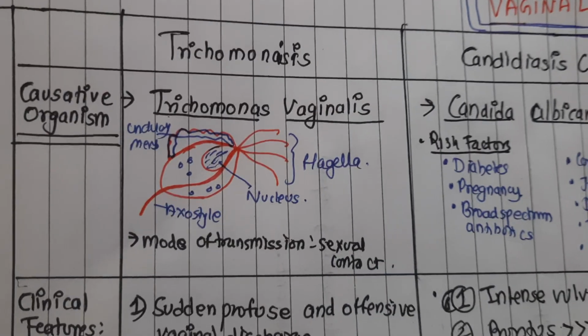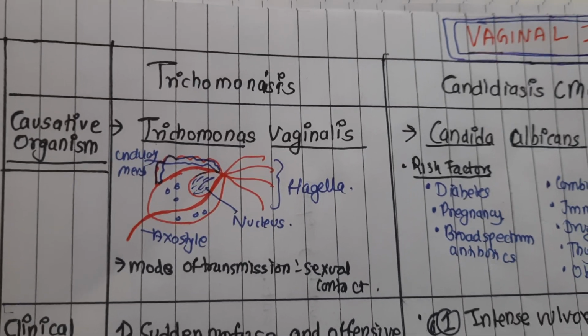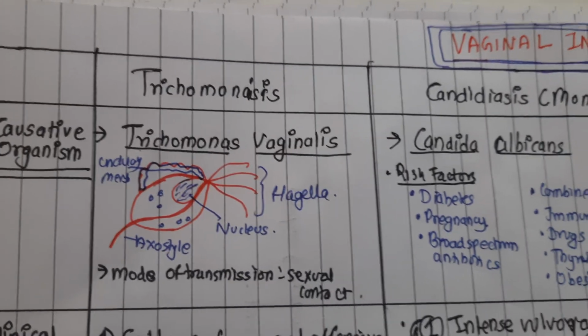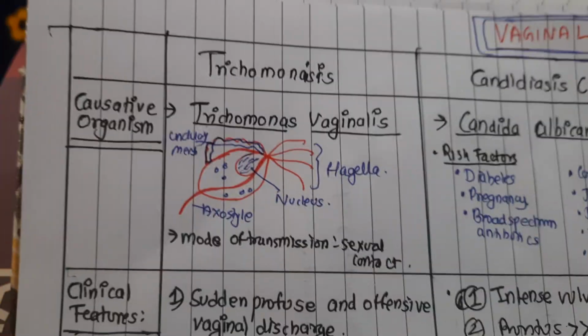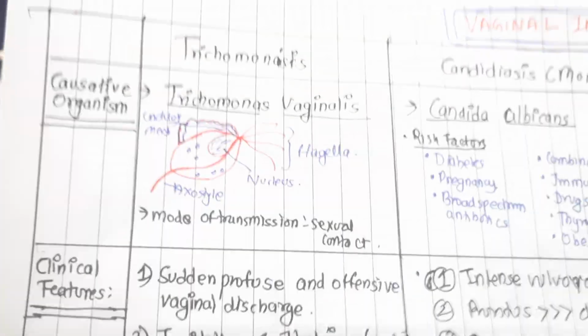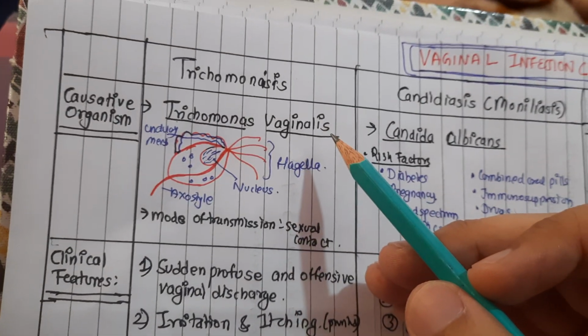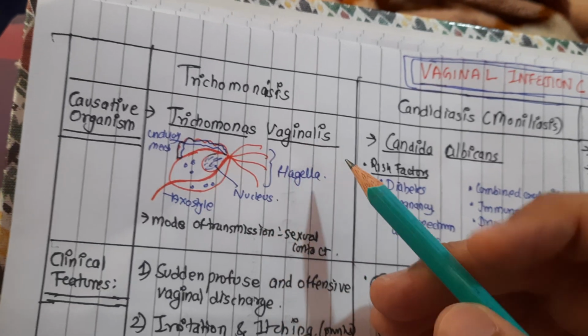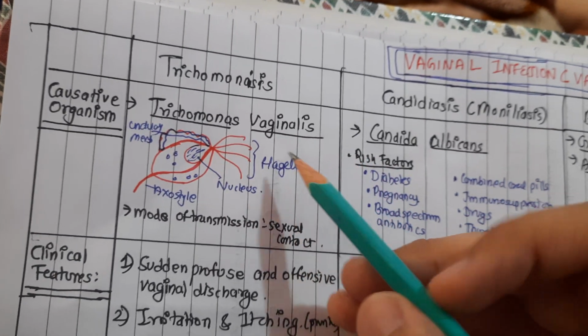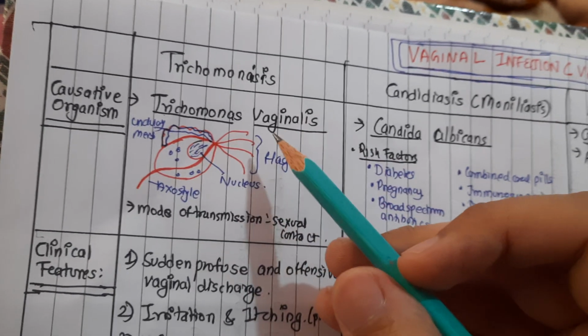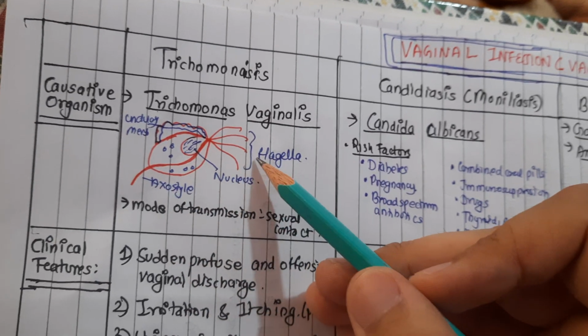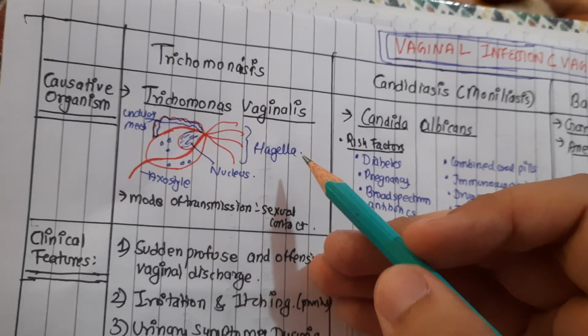Vaginal trichomoniasis is the most common and important cause of vaginitis in the childbearing period. Usually, it is caused by the protozoa named Trichomonas vaginalis. Trichomonas vaginalis is a pear-shaped unicellular flagellate anaerobic protozoa.